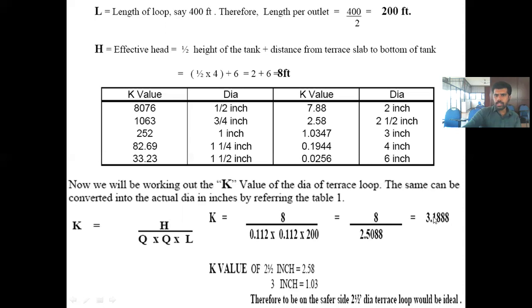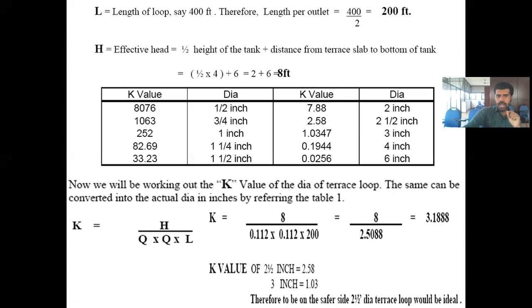So between 7.88 and 2.58, we have 3.1. So you have 2 inch dia as well as 2.5 inch dia. If you take 7.88, the diameter will be very less because 3.1 is coming closer to this 2.58 value.